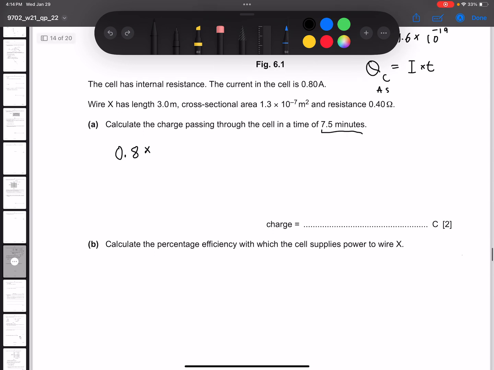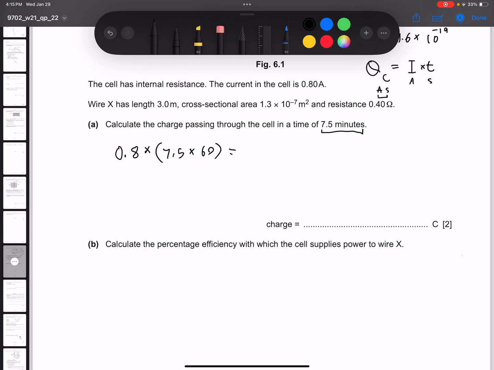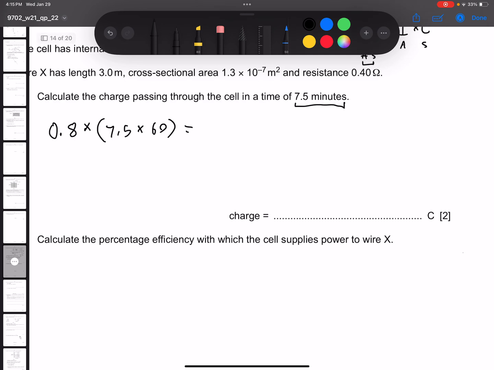That's because they want you to convert time from minutes to seconds, because the base unit is amp seconds. You need this in seconds, so we can say 7.5 times 60. Let me plug that in my calculator. That gives us a value of 360 amp seconds, but we should say coulombs because that's the SI unit for charge. So we're going to say 360 coulombs.